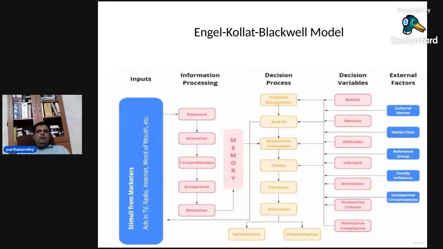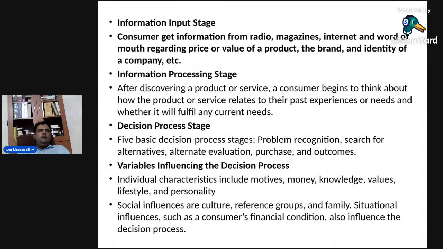Before arriving at a decision, we also try to consider the decision variables and also the external factors. So social influences are culture, the reference group. Next is the family situation, such as the consumer's financial condition, which also influences the decision.